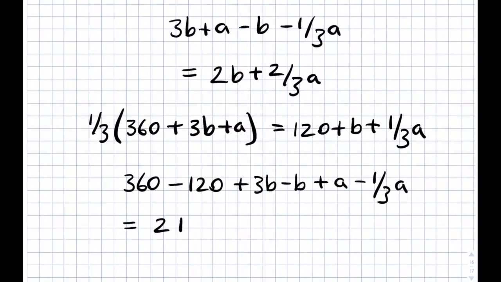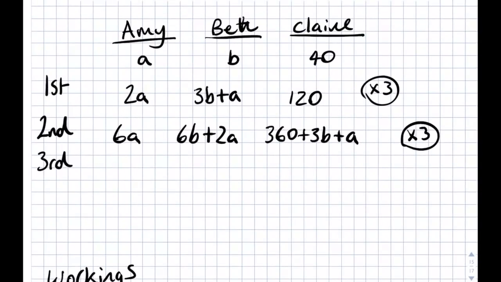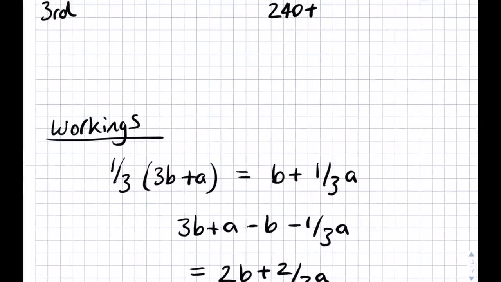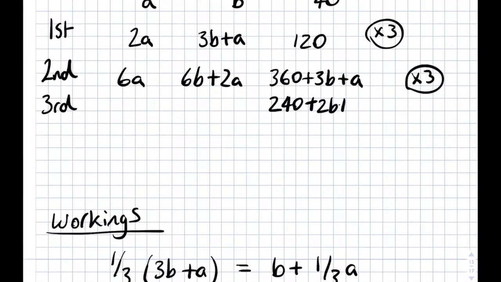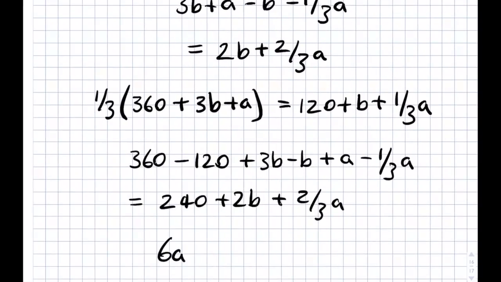So that becomes 240 plus 2b plus 2/3 of a. That's what Claire ends up with. We'll call this the third scenario: 240 plus 2b plus 2/3 of a. And then Amy ends up with 6a plus 120 plus b plus 1/3 of a.